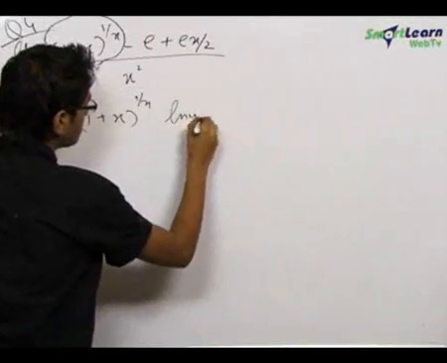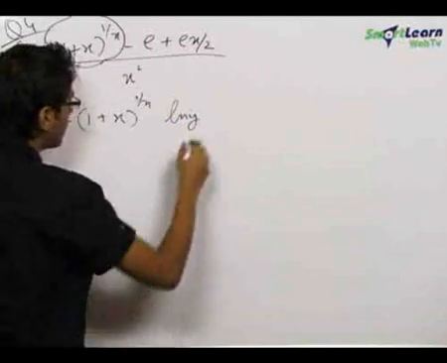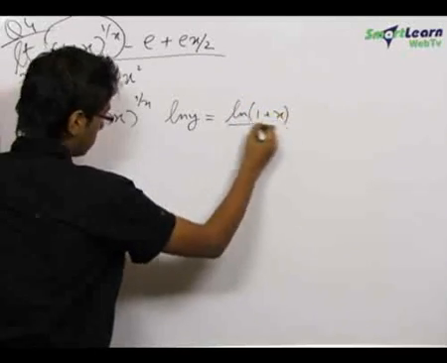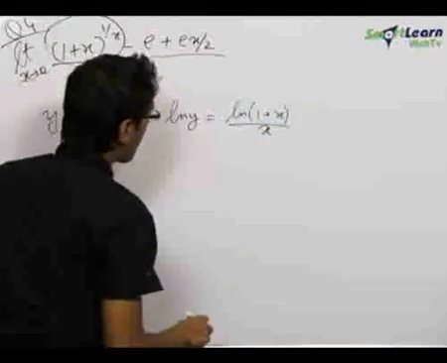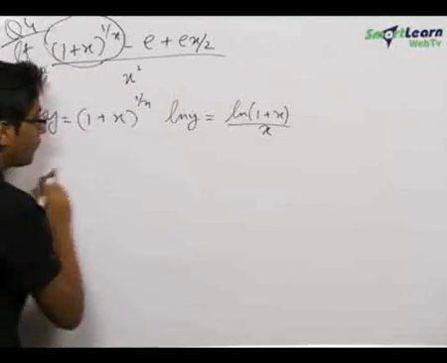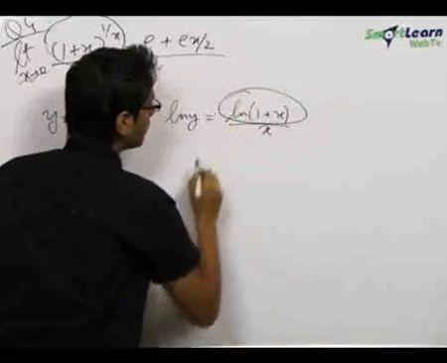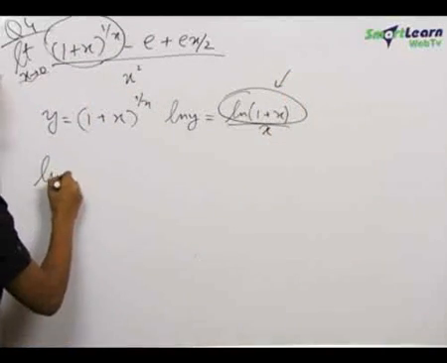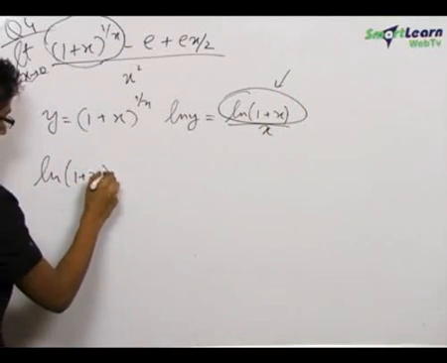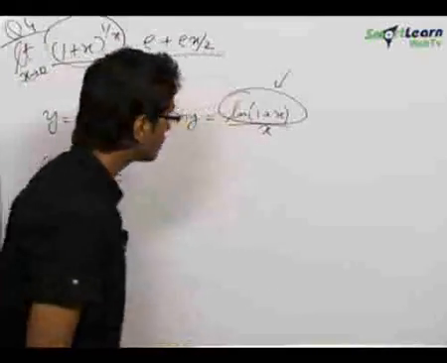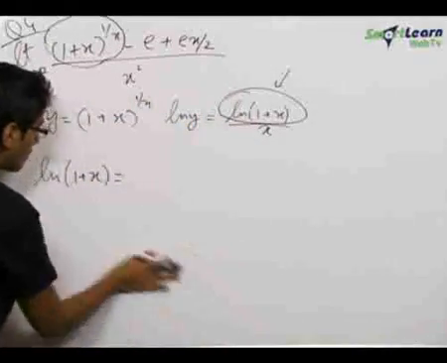Now on taking log both sides, we get ln y equals ln of (1 plus x) by x. Now there is a very important and very basic expansion for this ln of 1 plus x, which I would request you students to remember because it is highly useful in some of the limit problems.